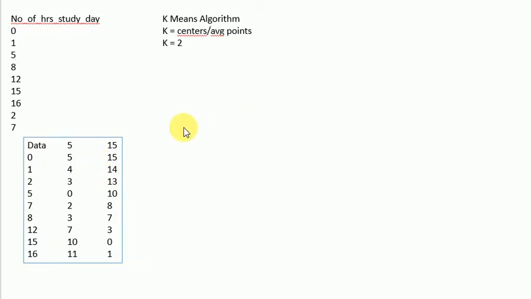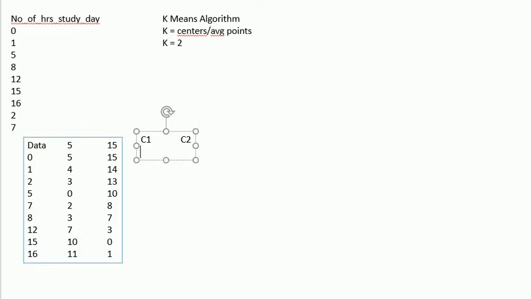So let me now make two groups. One group is group 1, or we actually call them clusters, so C1 and C2. C1 represents 5 as a mean, and C2 represents 15 as a mean.